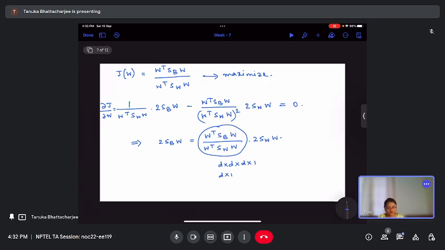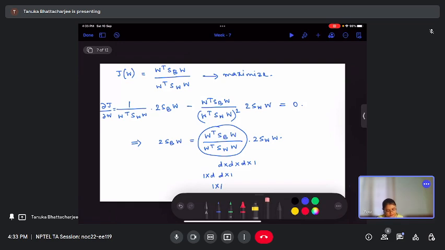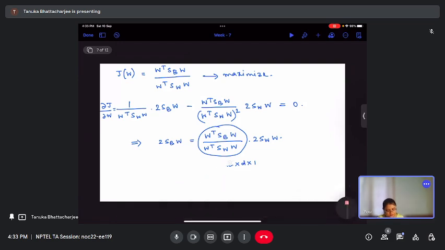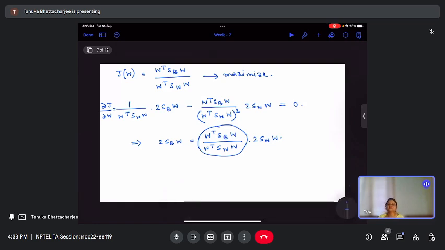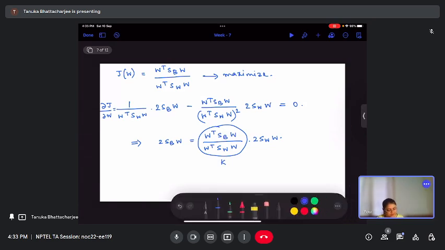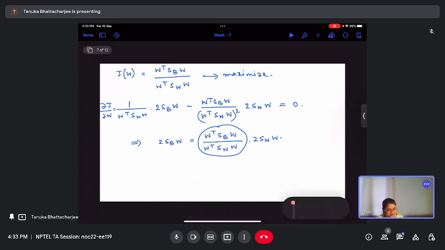Now, if you first put 1 cross D, that is w transpose, in front, then D cross 1, your final result will be 1 cross 1, which is basically a scalar quantity. So, I will erase this part. This term that I circled is basically a scalar quantity. We can express that as k, or we can express that as lambda, which is the conventional notation.